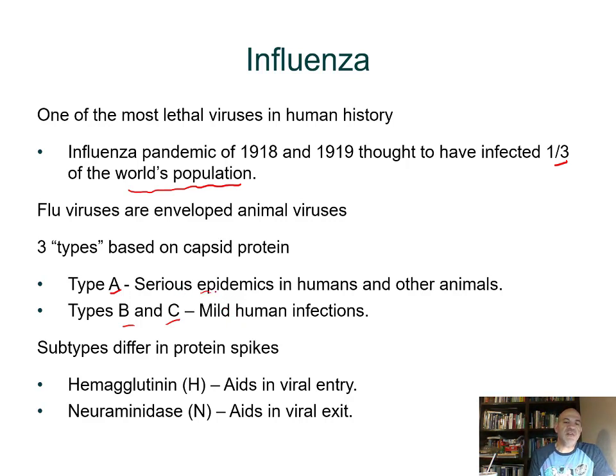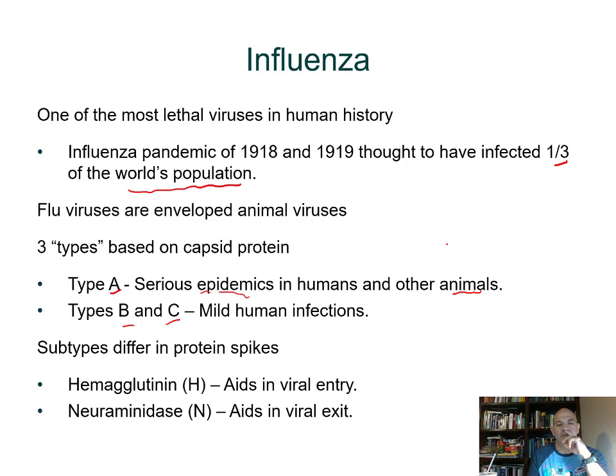These are the ones that lead to epidemics, and these are the kind that can infect humans and other animals. And the problem there is that in this case, you get new combinations of flu because the same animal can be infected with two different strains of the virus, and then it mixes things up. We'll look at that in a little bit.